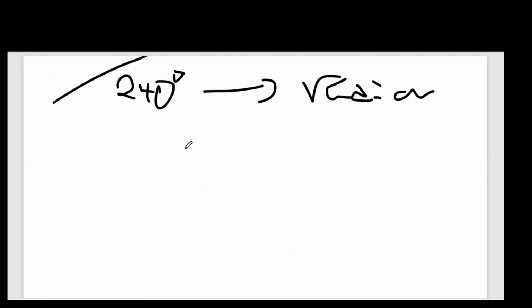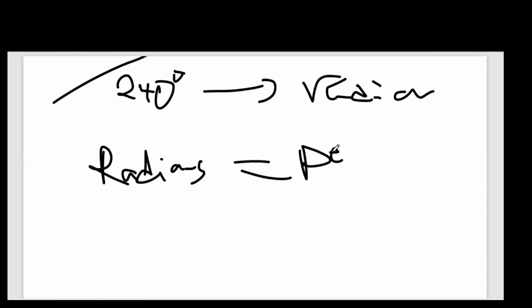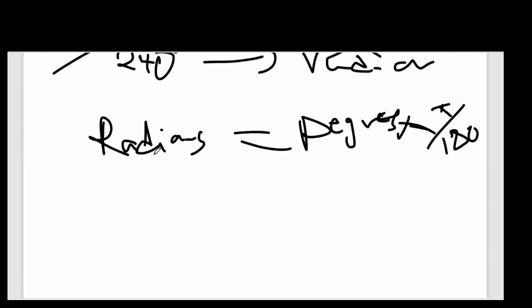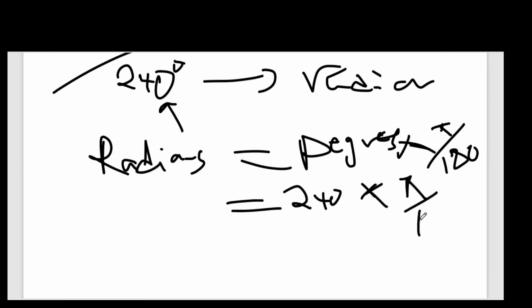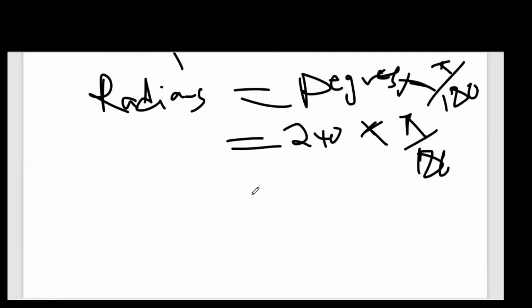The angle in radians is simply equal to the angle that you've been given in degrees, multiplied by pi over 180. This was the formula that we used, right? So 240 in radians will just be equal to 240 multiplied by pi over 180.